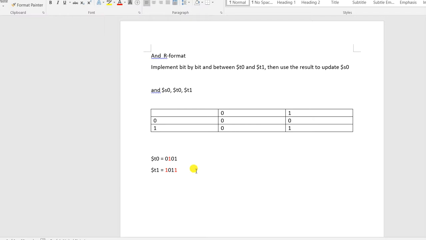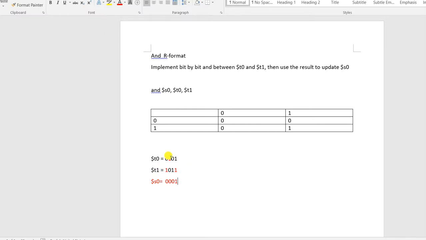For S0, you can see the first bit will still be 0, because the bit-by-bit AND between 0 and 1 gives 0, between 1 and 0 gives 0, and between 1 and 1 gives 1.